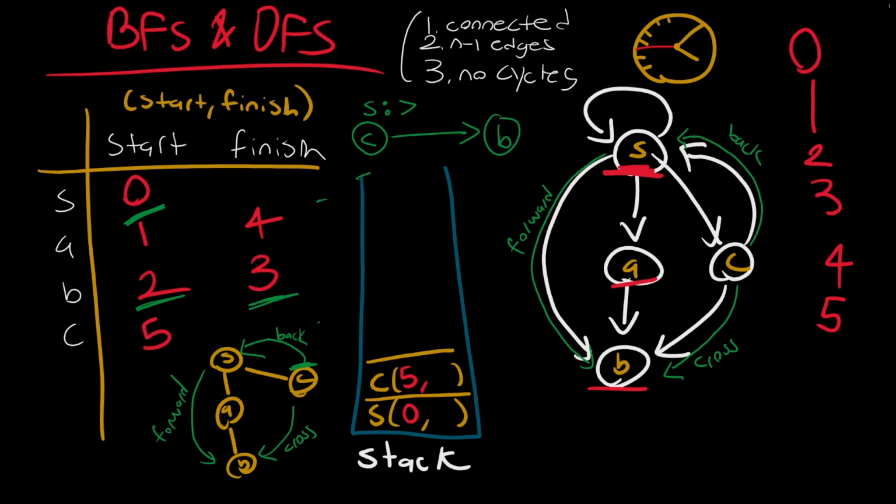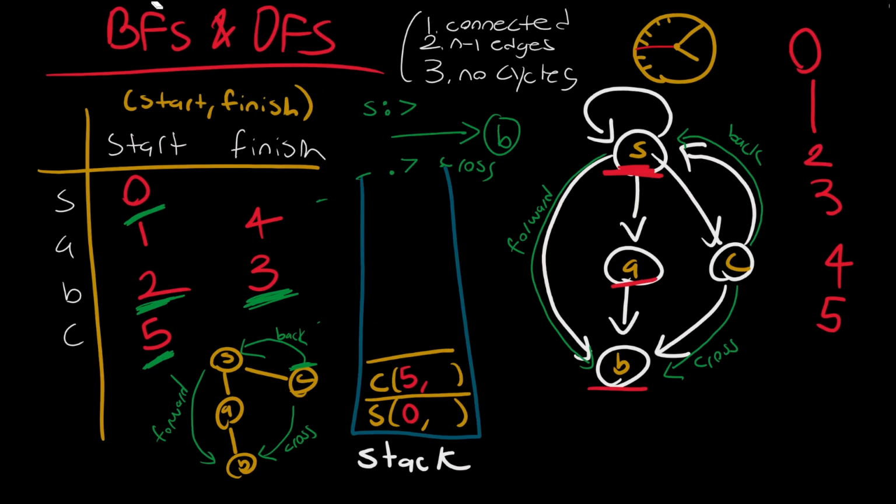The start time for C here is greater than B, because see, we have 5 and 2, so 5 is larger than 2. Then the finish time is also greater. We see that B is 3 here, and we haven't had a time yet for C, so it must be larger than B. So this is a cross edge, and I'll write all of these in one place in just one moment.